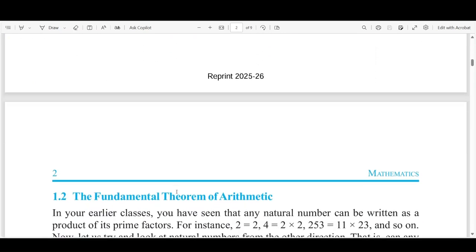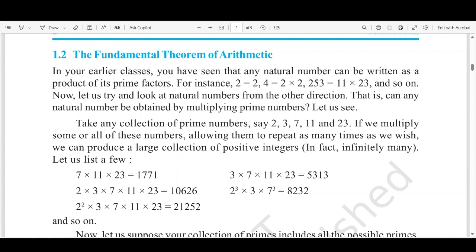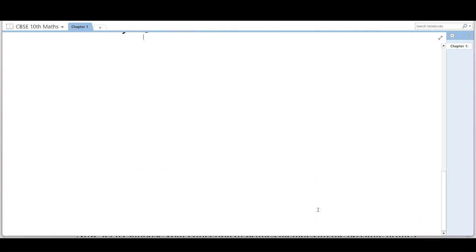Before getting into the idea of the fundamental theorem of arithmetic, we will first discuss the idea of prime numbers.